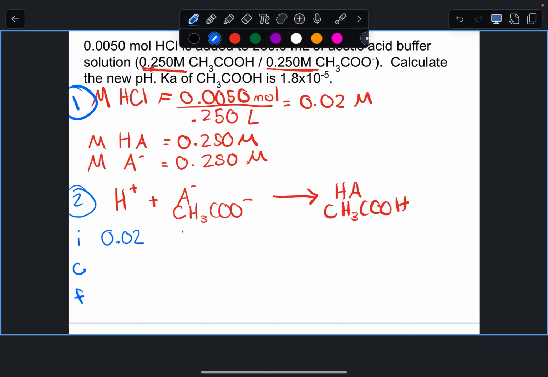Okay, so I'm going to write down each of these starting values. And then I'm going to consume all of that acid, meaning use it all up. So I'm going to say minus 0.02, and minus that same value everywhere. This is just like stoichiometry. If I say minus 0.02, this is also minus 0.02, and this is plus 0.02.